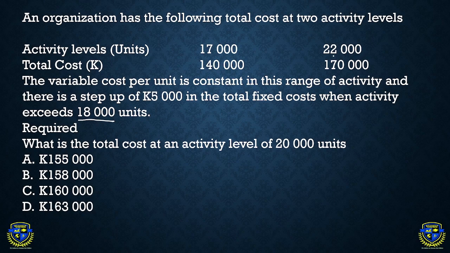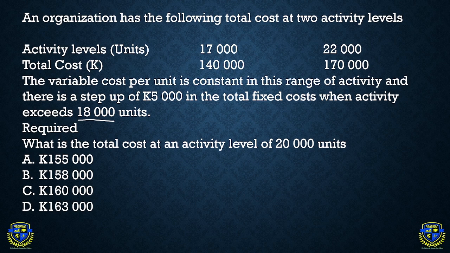Now, in the 22,000 there, the cost is 170,000. That basically tells us that the 5,000 is included. So when we are solving this question, we are supposed to subtract that 5,000 from the 170, which is going to give us the 165.